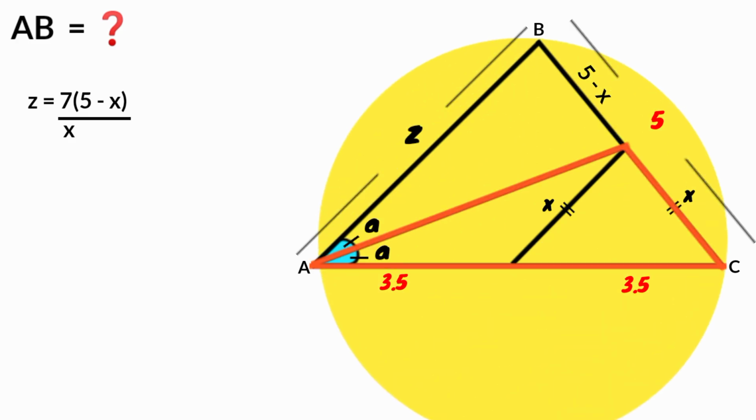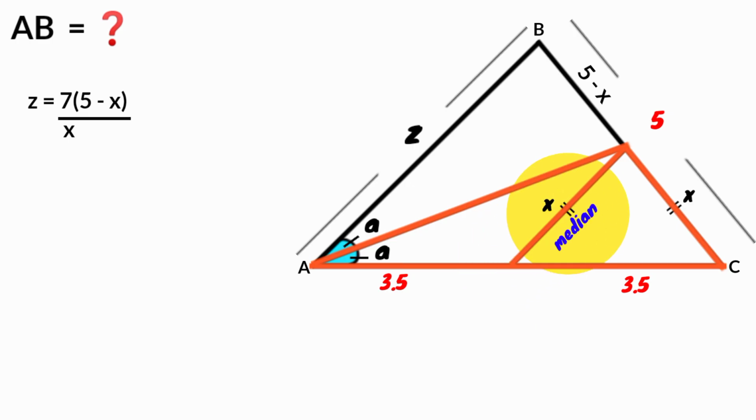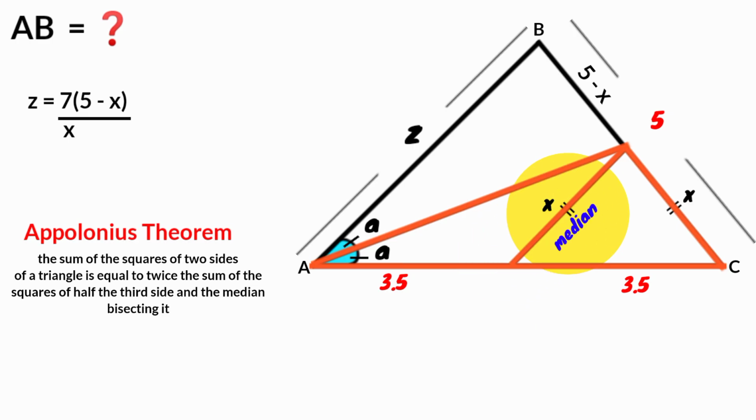Let's look at this triangle. This line divides this side into two congruent segments. That is, it bisects it. So therefore, it is a median of the triangle. So we can use the Apollonius theorem, which states that the sum of the squares of any two sides of a triangle is equal to twice the summation of the squares of half the third side and the median bisecting the third side.